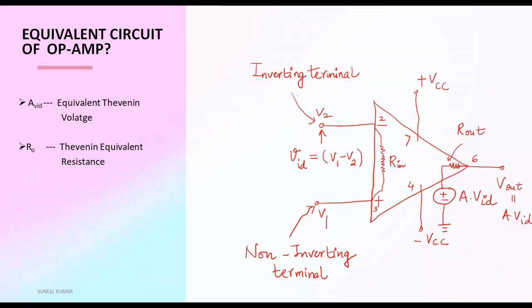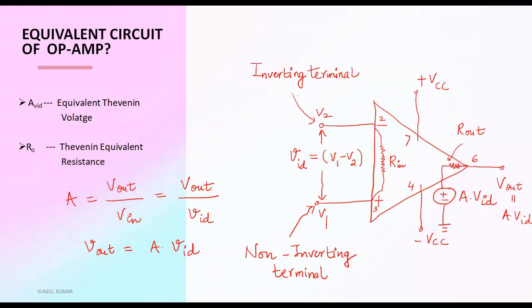So we know that the gain, that is A, is the ratio of output divided by input, and in the context of an operational amplifier we can write the input as VID, since the operational amplifier is amplifying the difference of the input signals. It amplifies the difference of the inputs, so the input voltage here will be VID. So from here, if we look at the output, the output will be A into VID.